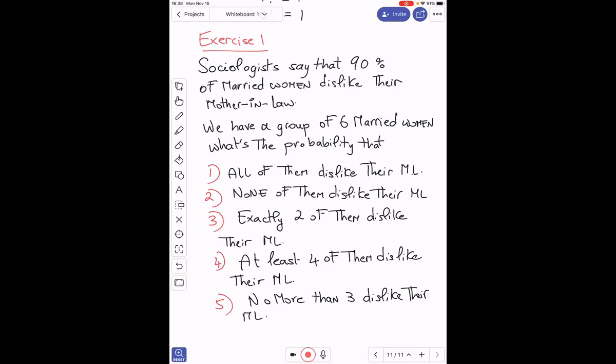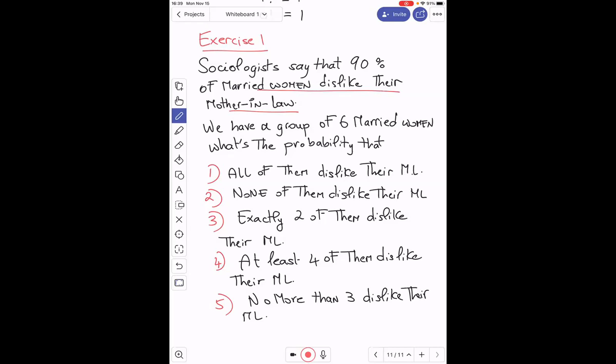So for example here, any guess, guys, what will be, I think we discussed this, but I'm not sure, what will be a success in this experiment? So in this experiment, we have this group of 6 married women, right? And we are interested in married women who dislike their mother-in-law, right? So what will be a success for you? Any guess?